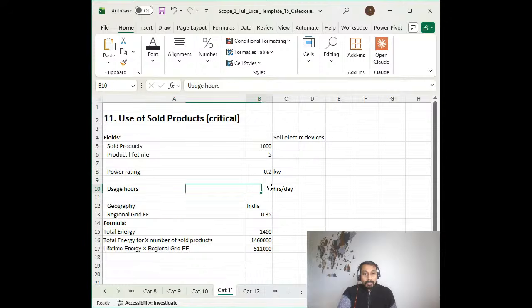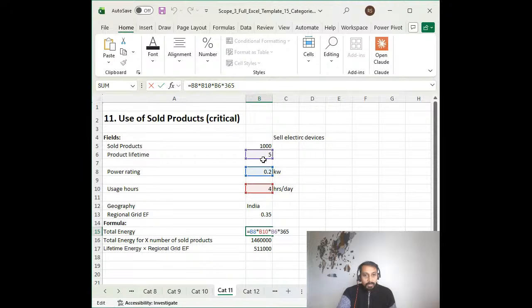Usage hours, for example, the end customer is going to utilize 4 hours per day. And in India, the regional grid factor will be 0.35. So the total energy will come to 1460.